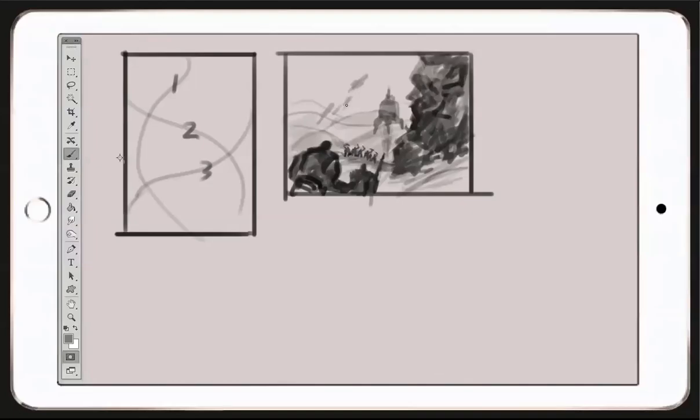So there might be a whole fleet coming in, and thereby the eye is led back down to where it started. So there's this circular movement like that.